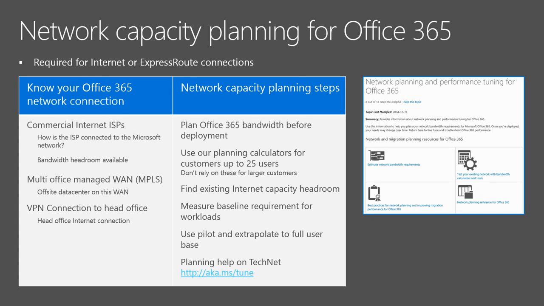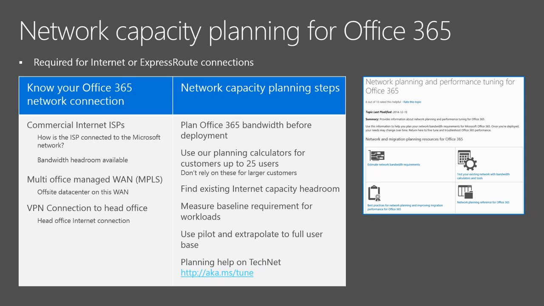We have Excel-based tools that you can use to calculate based on the number of users you have in each of your locations and what kind of access they make to SharePoint and OneDrive for Business and to Skype for Business. And so you can get some helpful guidance out of that for bandwidth calculations. And this is all published on a site that we have, which is at aka.ms/tune. So there's lots of great information there.